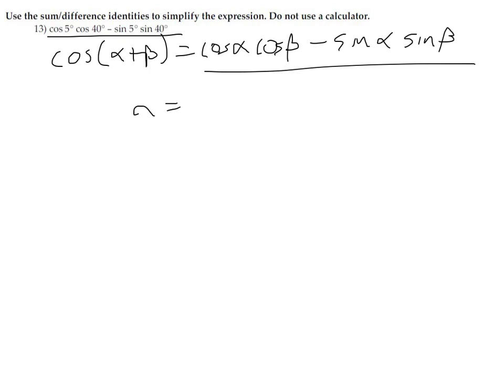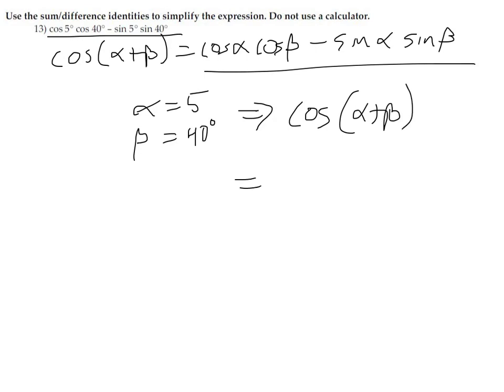So I see that alpha is 5, beta is 40, and the minus symbol tells me that I'm going to have a plus. So I can work all that out to recognize that this is cosine of alpha plus beta, which is cosine of 5 degrees plus 45 degrees.